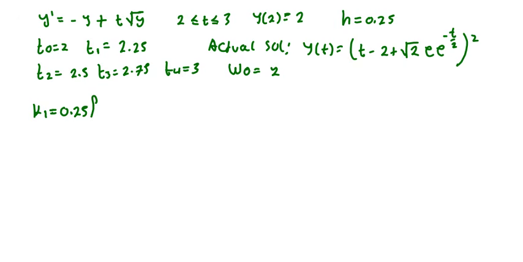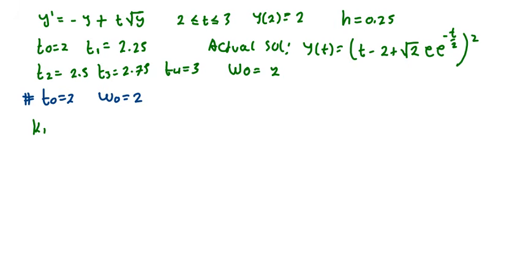Then I'll say f of t i comma w i. But remember, in this case, let me write it this way, maybe to be more clear. The first step that we are taking, we are using t naught equal to 2 and w naught equal to 2. That's the first thing that we are doing. Now let's work it out.